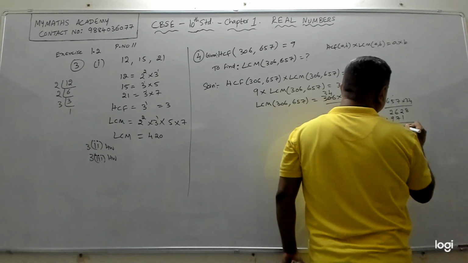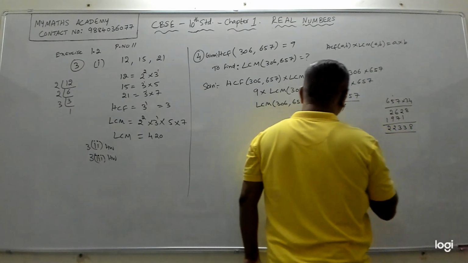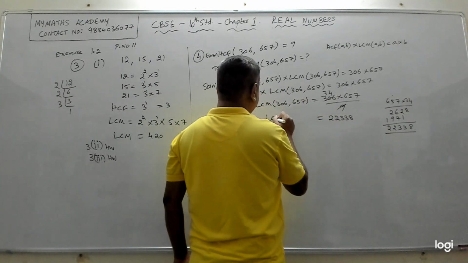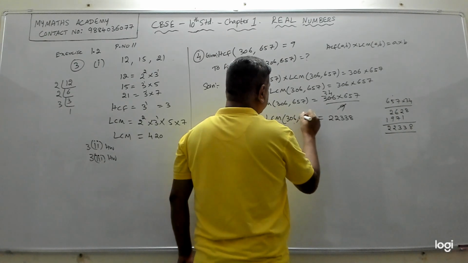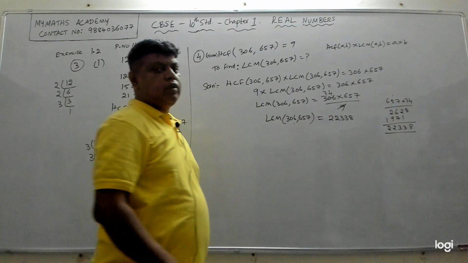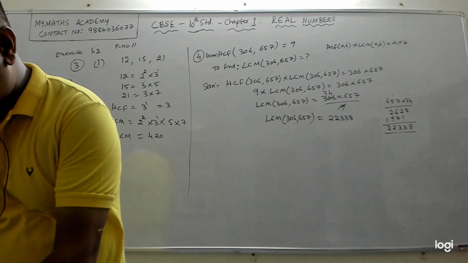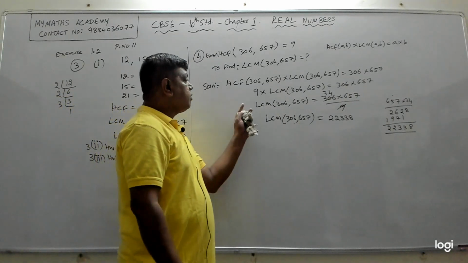So we get 22338. That is the LCM of 306 and 657: 22338. Clear? Fine. So this is how we find the LCM.